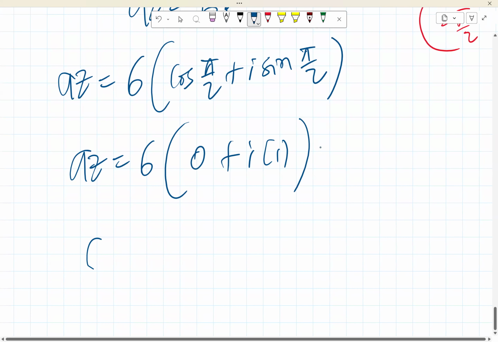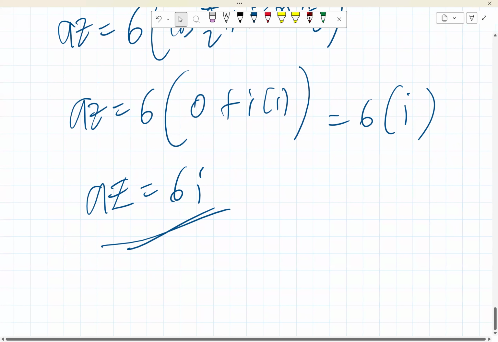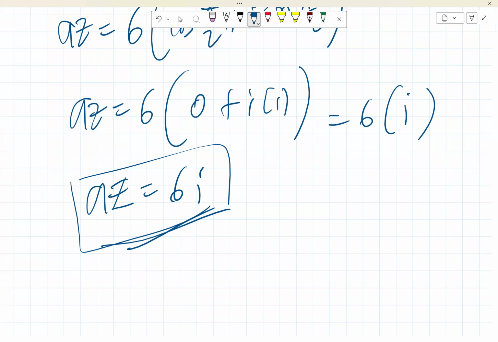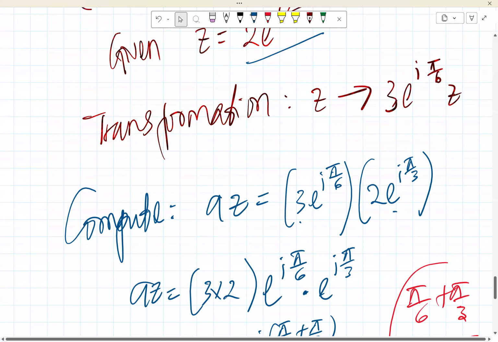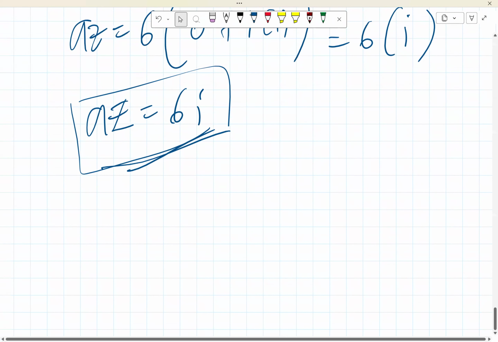Okay, so AZ is simply 6i, because this is 6 times i. That's AZ is 6i in the Cartesian form. So we have AZ to be 6i, and that is the image we are looking for there.